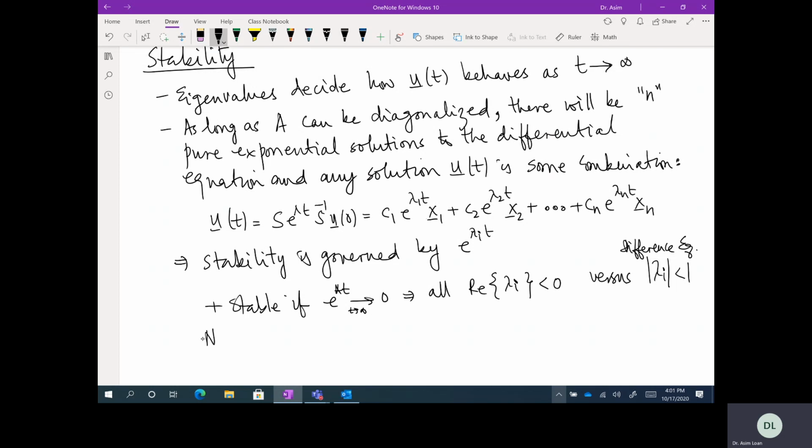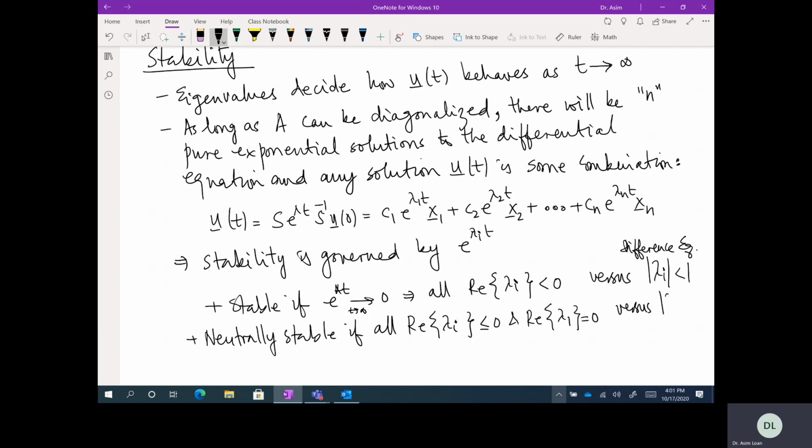And neutrally stable if all real parts of λi are less than or equal to 0 and real λ1 is equal to 0, versus λ1 equals 1 and |λi| less than 1.